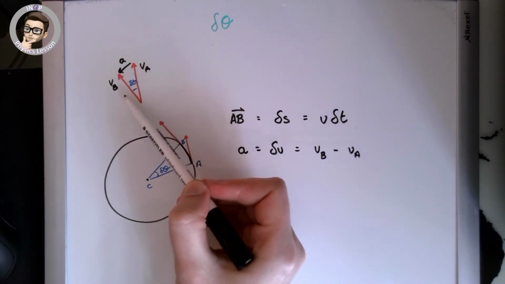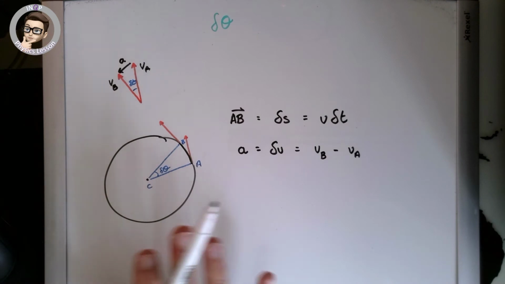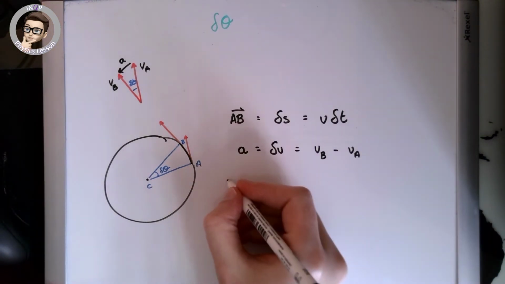And over here, you can see they're moving by that same angle as well. You kind of have to prove that to yourself by doing a scale drawing to check it, but it is true. So the triangle ABC and the velocity vector triangle have the same shape because the sides are equal and delta theta is also equal.